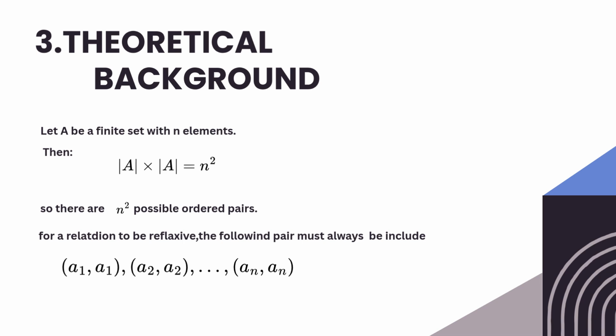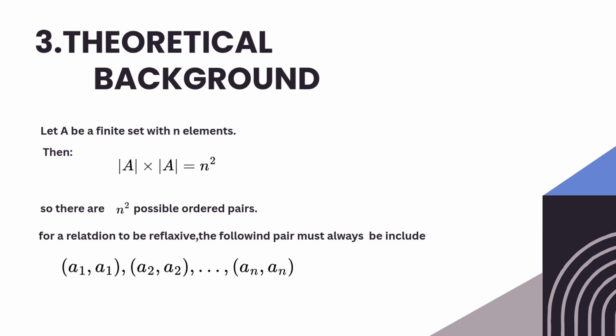Now for a relation to be reflexive, the pairs (a1, a1), (a2, a2), up to (an, an) must always be included. So among the total n squared pairs, there are n required pairs. After including these required pairs, the remaining number of pairs is n squared minus n.